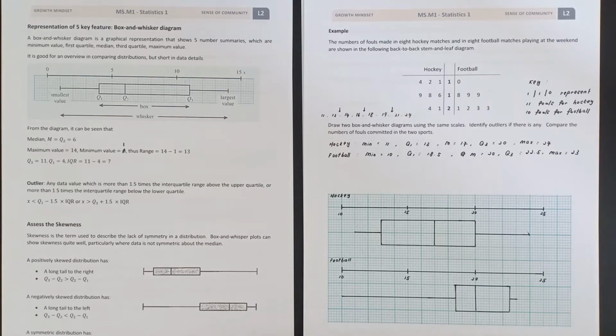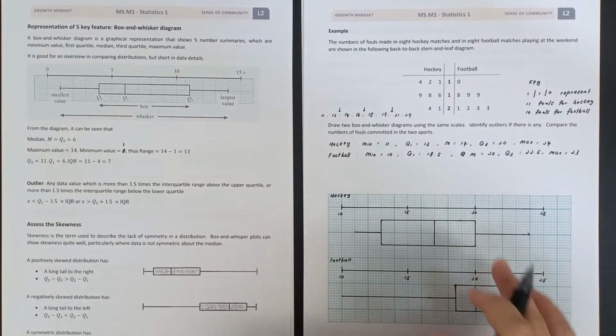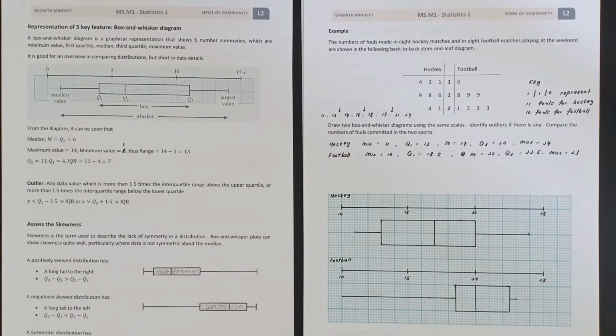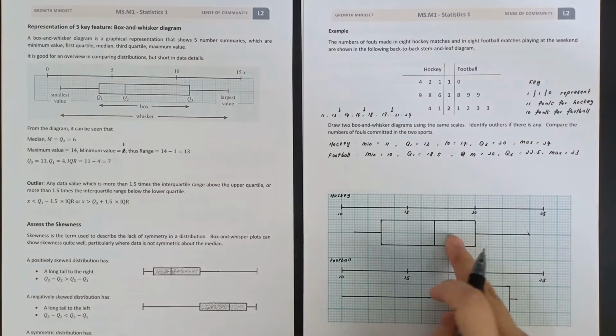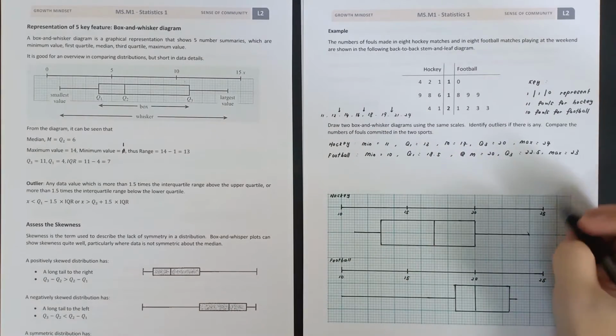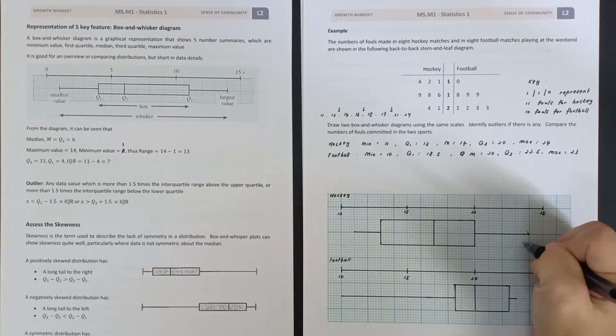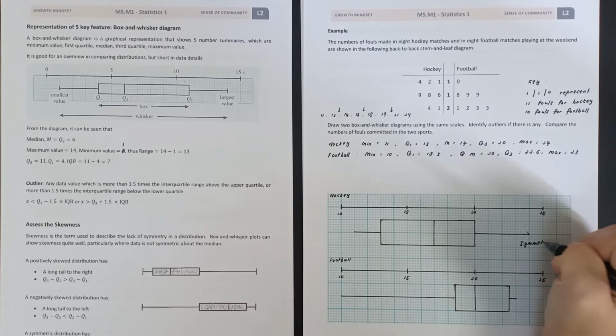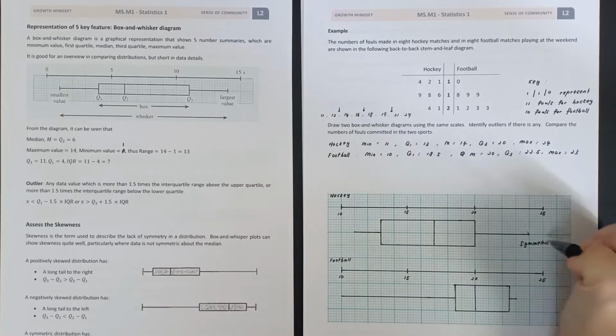When you look at this one, you will realize that for hockey, if you want to put a note here, the question didn't ask you to do this, but if you want to write down some description, the data is quite symmetrical, like a symmetric distribution.